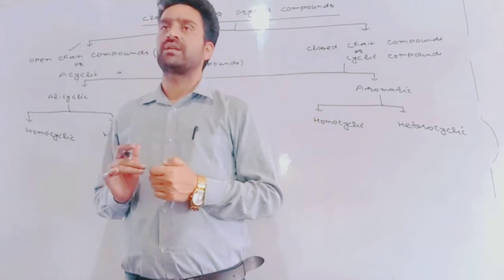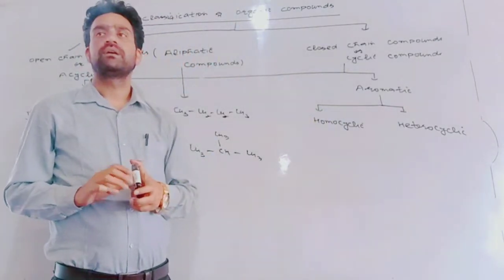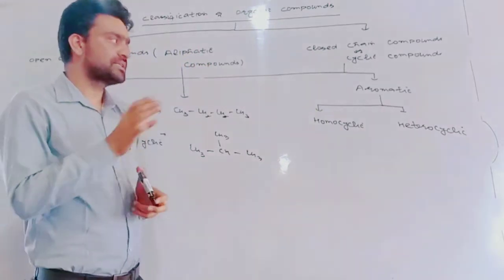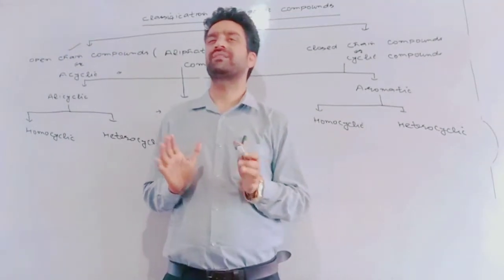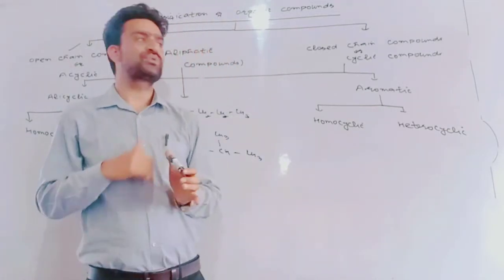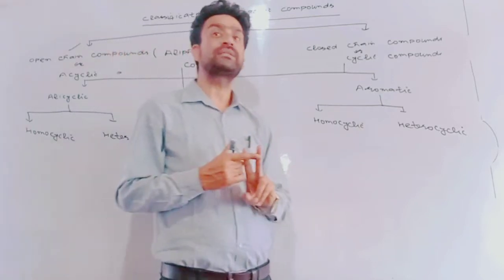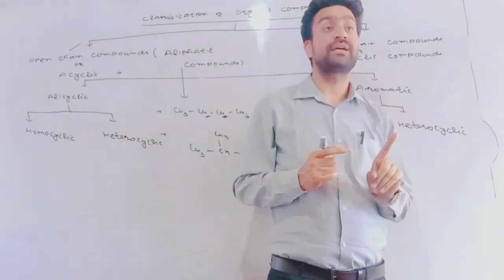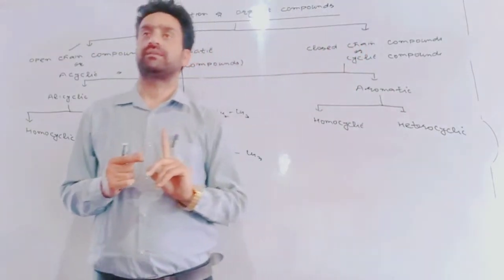When we go to general organic chemistry, we will deal with this aromaticity, right? But here I will provide the definition of aromatic compounds. If any compound satisfies these conditions, we call that compound aromatic. The first point is that any compound is said to be aromatic if it is cyclic and planar.